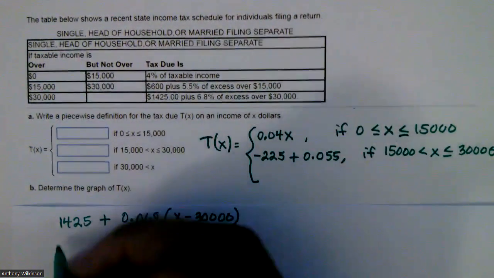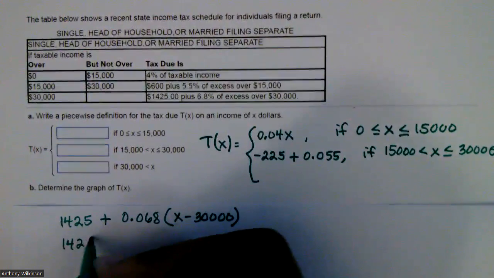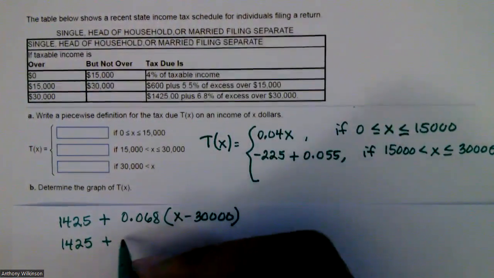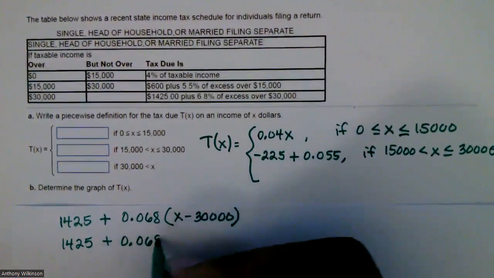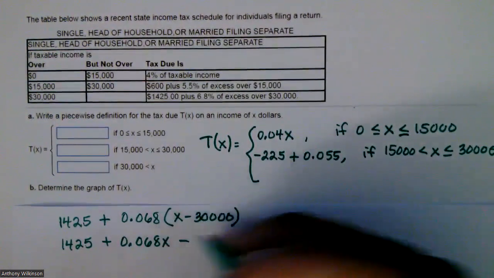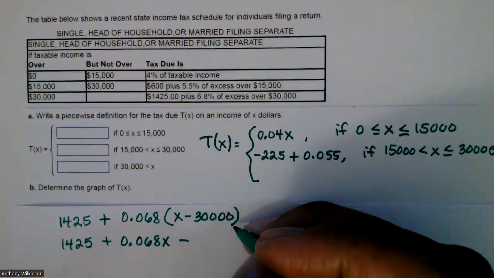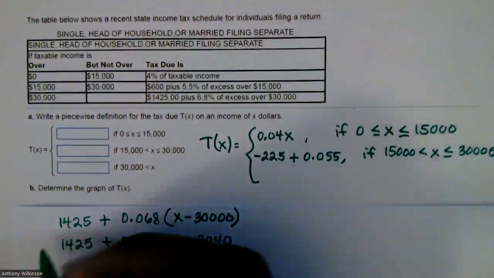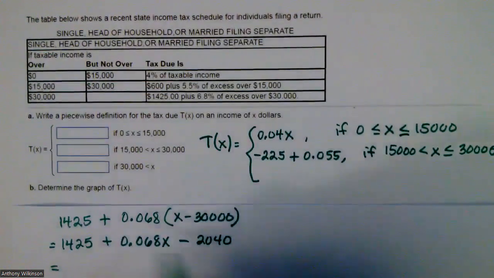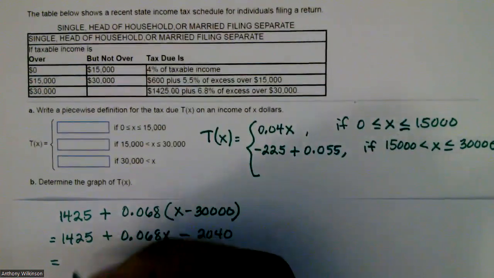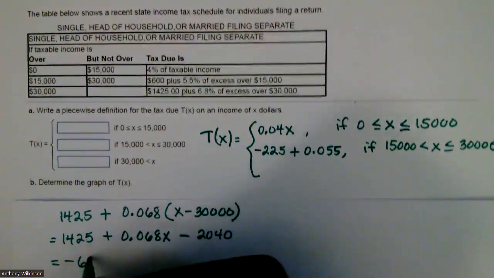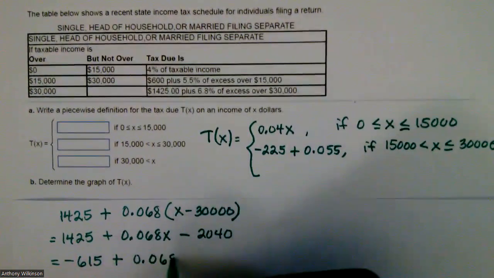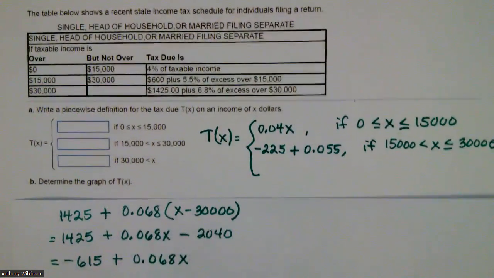Now, if we distribute and simplify this, it will be 1425 plus 0.068x minus 0.068 times 30,000, which on the calculator is 2,040. 1425 minus 2,040 would be negative 615, plus 0.068x.